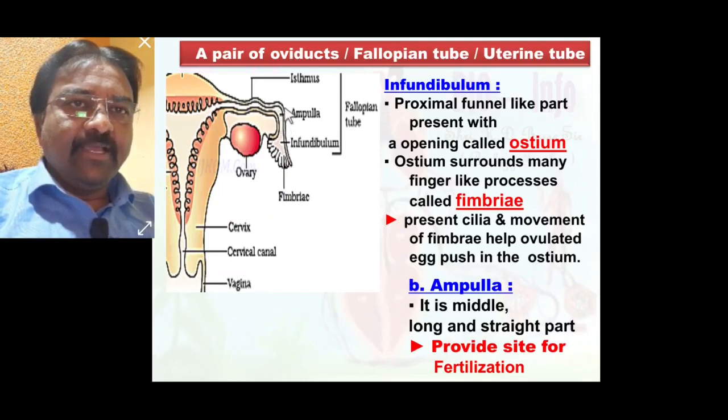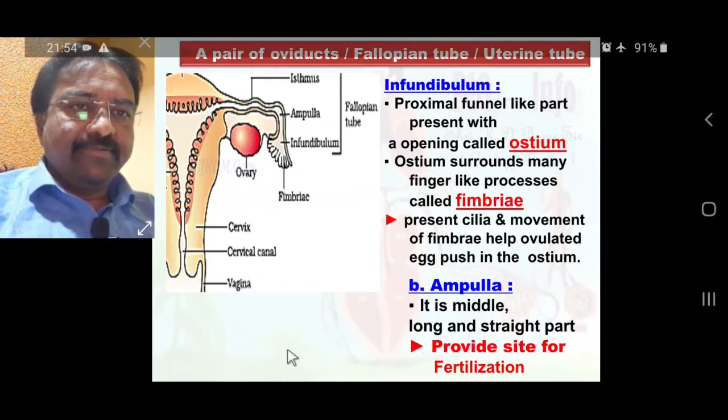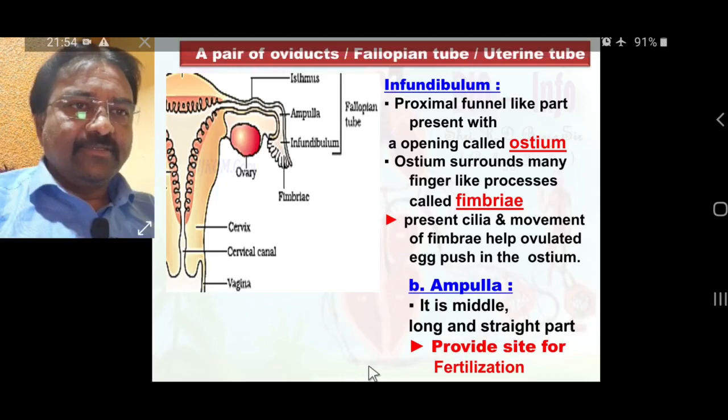In the ampulla, the ovulated egg meets the sperm in the fertilization process. So this part of the oviduct provides the site for fertilization, and that is the function of the ampulla. Must remember.